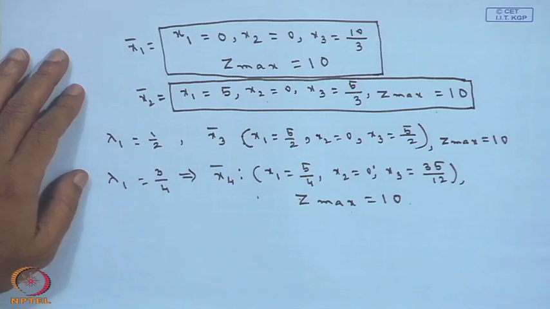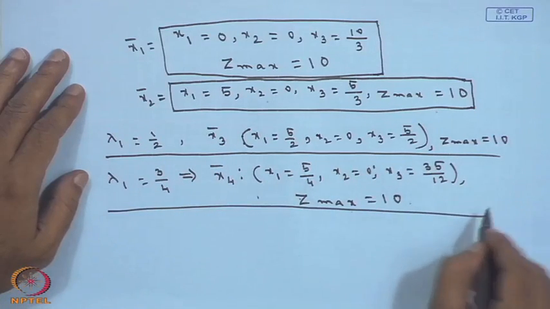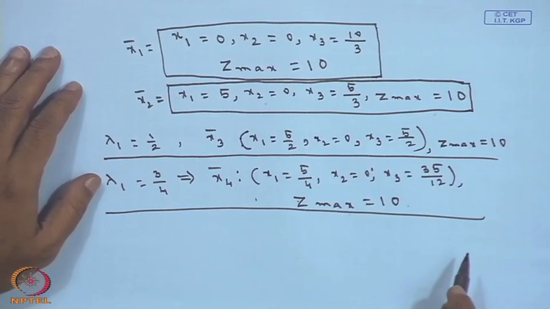So, this is one optimal solution, this is another optimal solution. As we have shown here, you are obtaining 4 optimum solutions. Like this way, any convex combination you take, any value of lambda between 0 to 1, you will obtain another optimal solution. Therefore, you are getting an infinite number of solutions for this case.